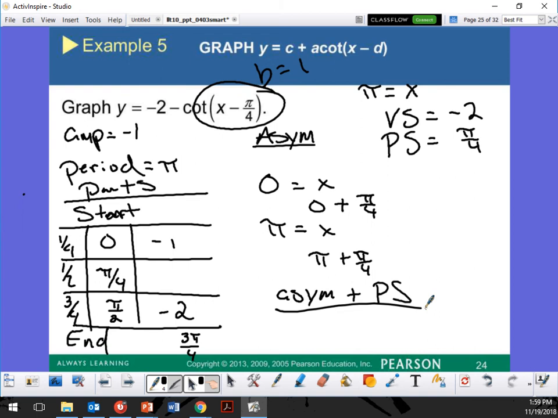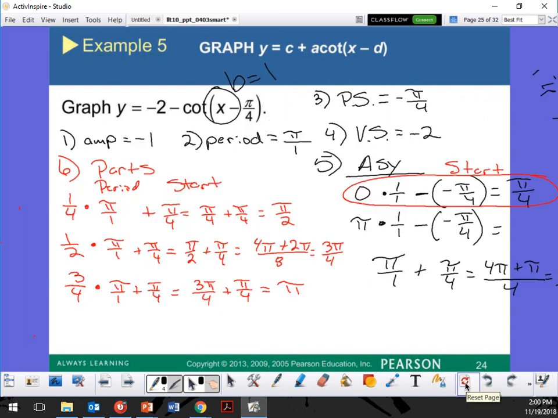But I wanted a problem that you guys could actually plug in the calculator and try to figure out. See, asymptote plus the phase shift. Asymptote plus the phase shift. And then when I did that, what did that change? So this one became a positive pi over 4, because this right here is my start. And if it changed my start, did it change all my values? Yeah. It changes all the values.